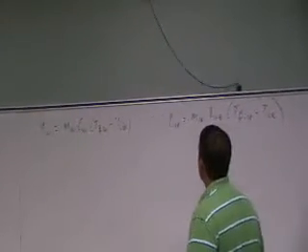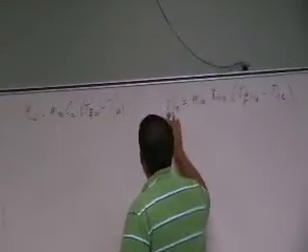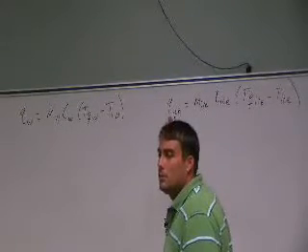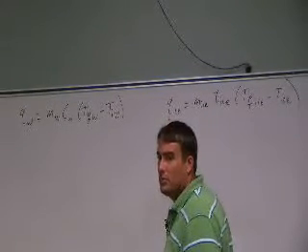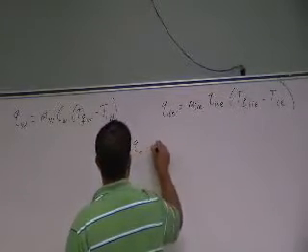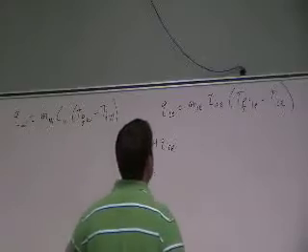Now, let's deal with the ice first, I suppose. And here's what we got. What's going to be negative, the ice or the water? The water, right? Because that's where heat is going to be leaving. So that's negative Q sub W equals plus Q sub ice. So what is the Q sub ice?